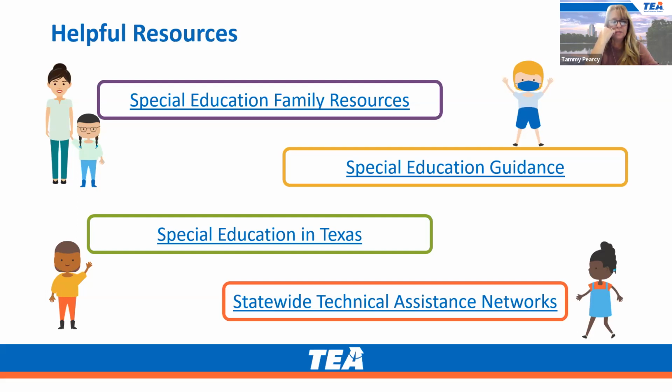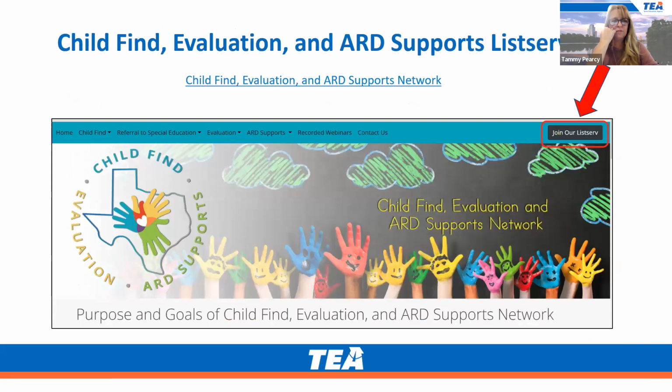The statewide technical assistance networks, just to give a little highlight here on the next slide, is a primary source that most people go to with regards to child find evaluation and ARD supports. They have a listserv like many of our networks do. And you can click on the link. This will be a live link as well in this deck to get to there, but it's also listed on our network resource page.